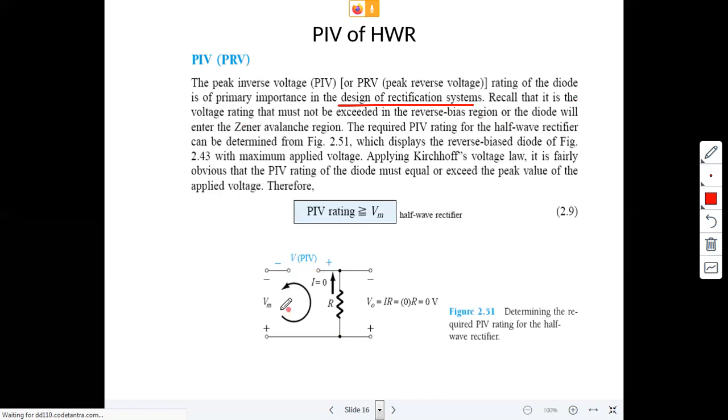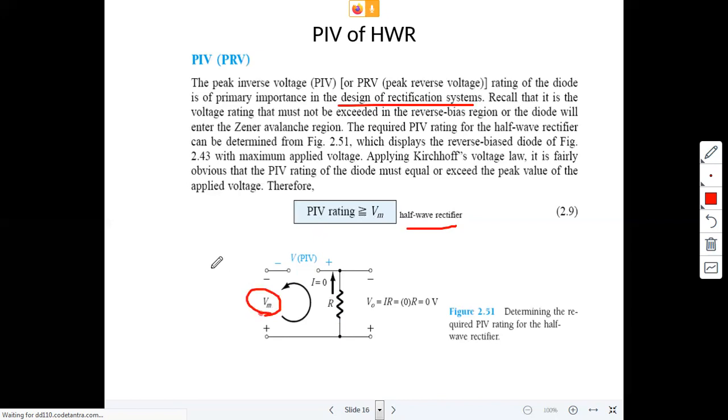The diode operates in reverse bias, so there is no drop across this resistor; I is equal to 0. Then the voltage across this diode is the PIV, which is equal to Vm. For the half-wave rectifier, PIV is equal to Vm, where Vm is the peak input voltage.